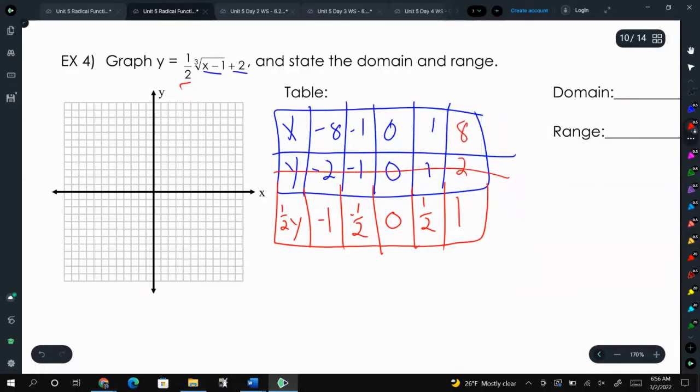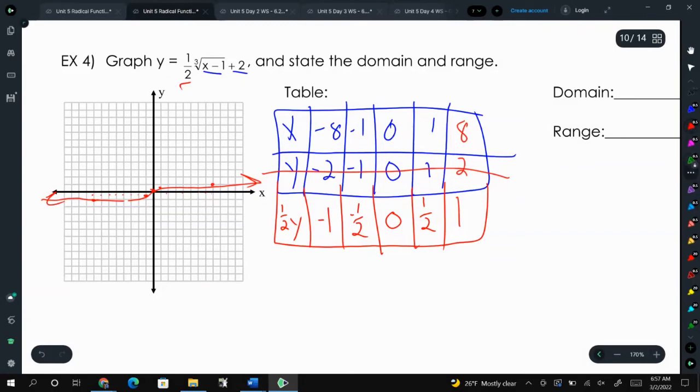And then we'll ignore this row and graph our points. -8, -1, and then 8. So this is our graph before the translation.